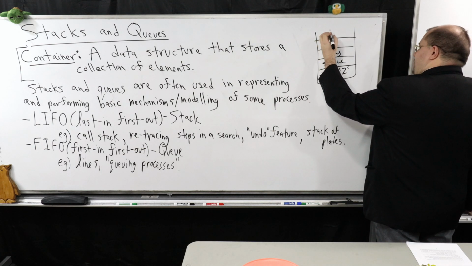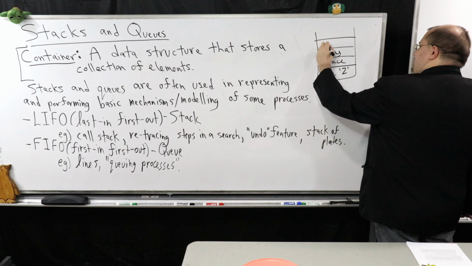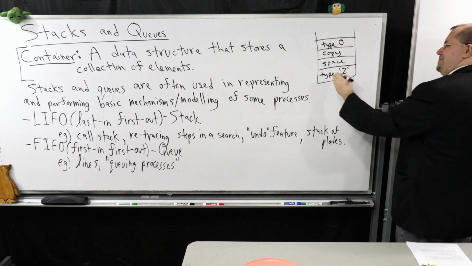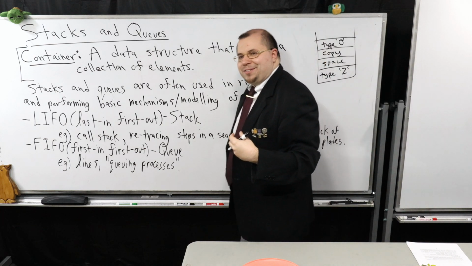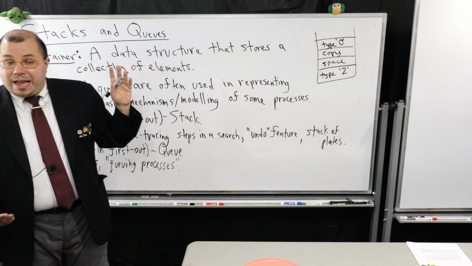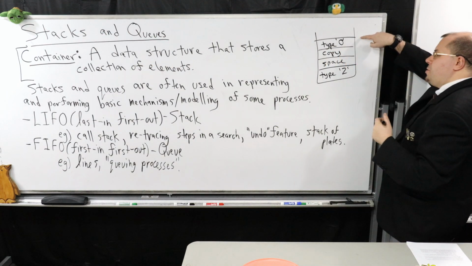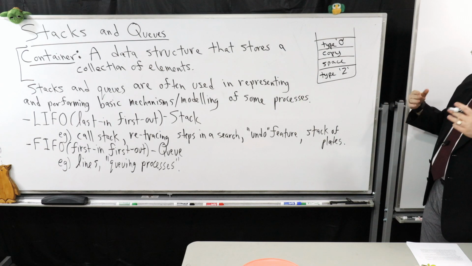Suppose that you accidentally typed the wrong keystroke. You type O, for example, and you want to undo this. Well, if you keep a stack around of a fixed size, your program can remember the actions that you have taken up to some point.